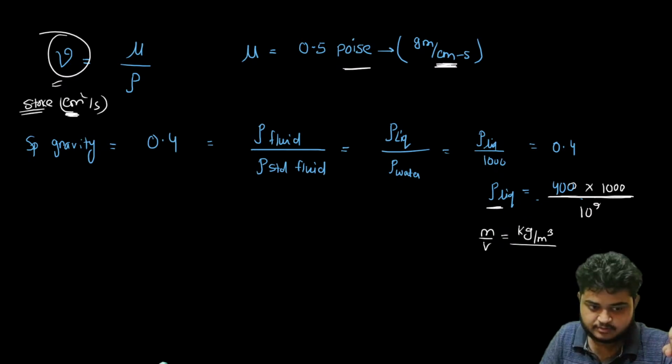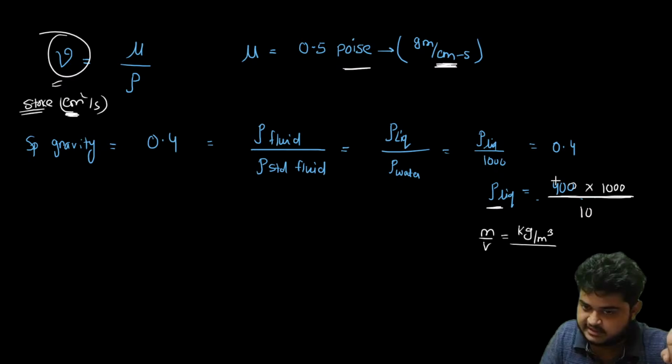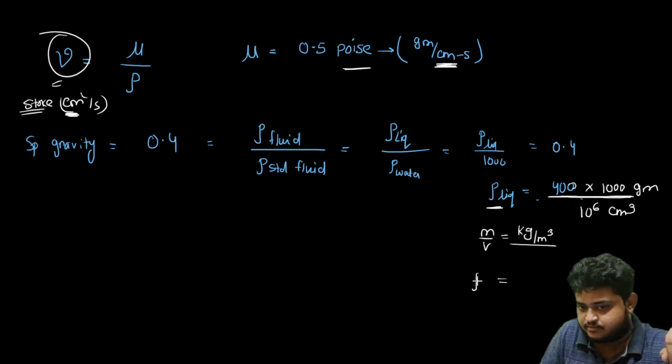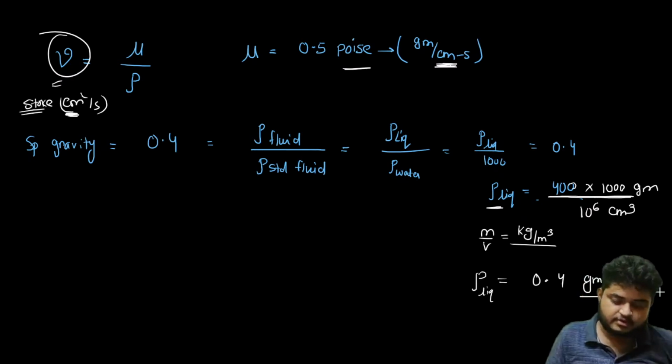Sorry, it will be 10 to the power 6, I hope. It will be 10 to the power 6 centimeter cube, and this will be in gram. So after simplifying, we will find the rho of our liquid will be 0.4 again, but the unit will be gram per centimeter cube. Now we are good to go.